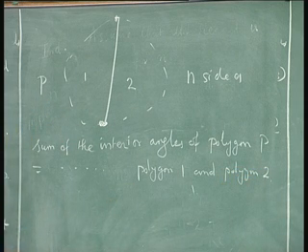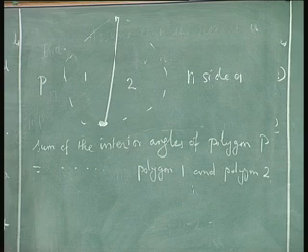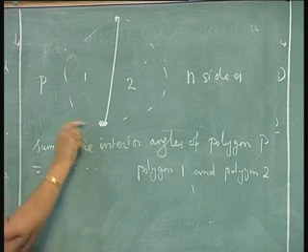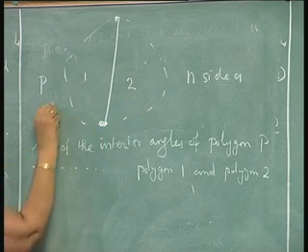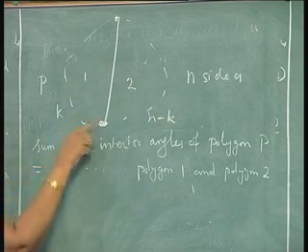How many sides does polygon 1 have, and how many sides does polygon 2 have? Now, the n sides are divided into, say, k and n minus k by this diagonal.